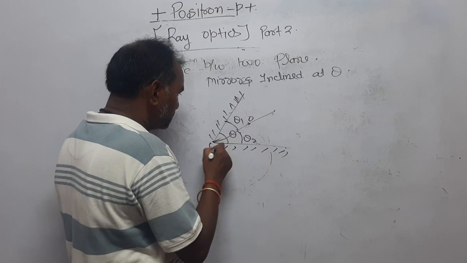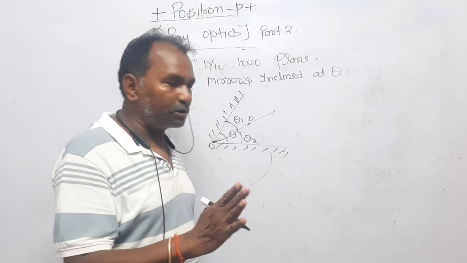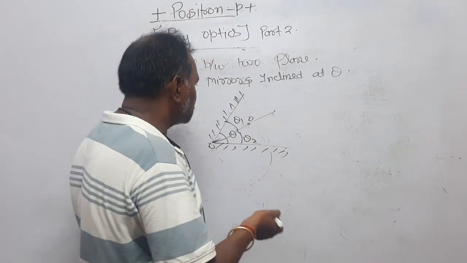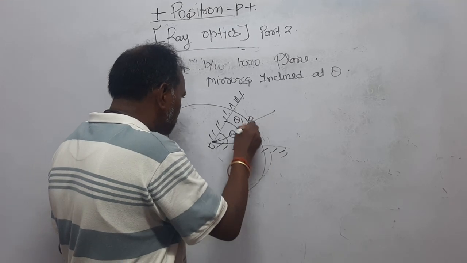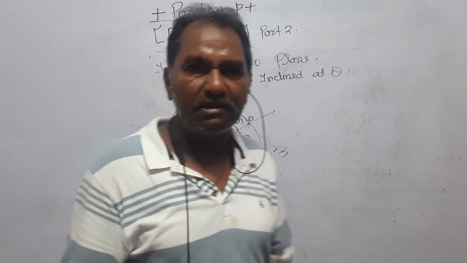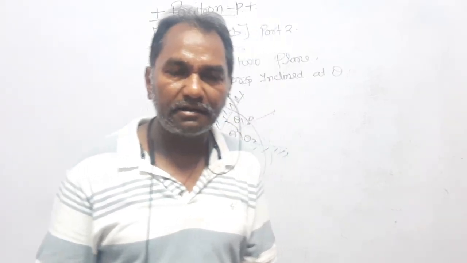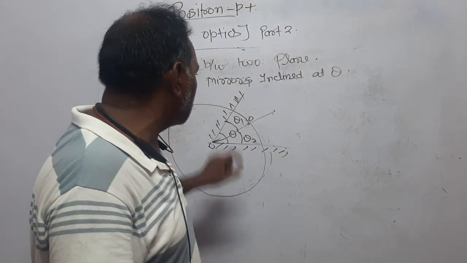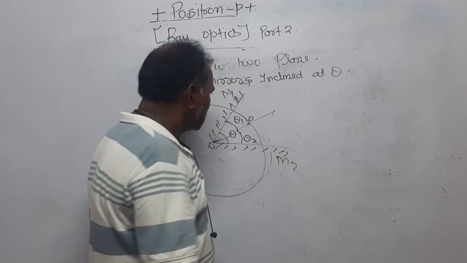Let O be the center of the circle that I am going to draw, and this distance where the object is kept is assumed as the radius of the circle, I am drawing a circle like this. I am going to apply the circular concept in order to make the images between the two plane mirrors which are inclined at an angle theta, whereas the object is kept at theta 1 angle from the mirror M1 and at theta 2 angle from the mirror M2.